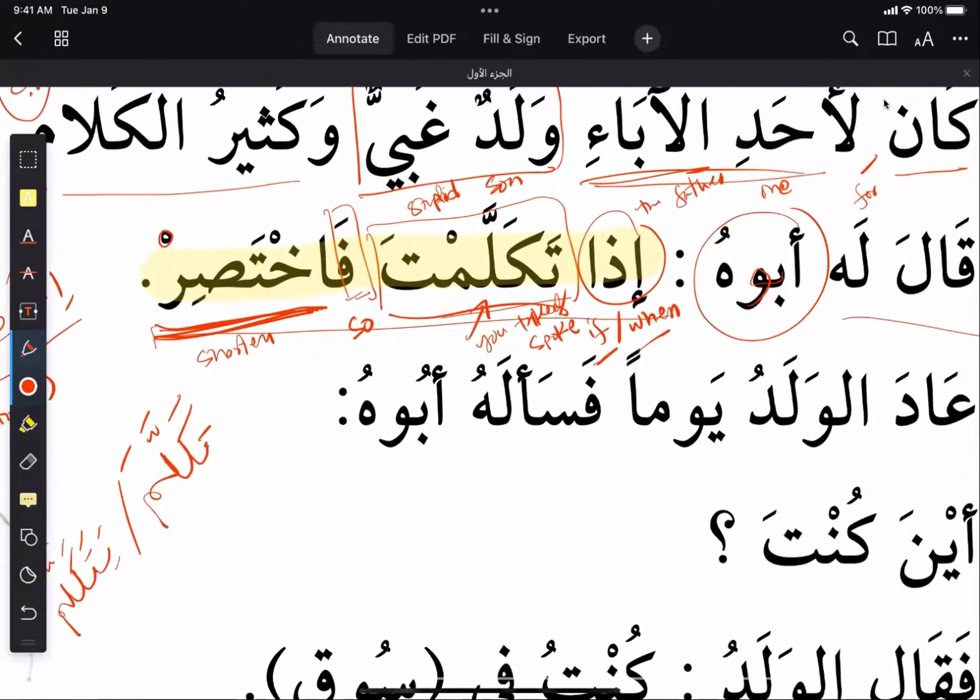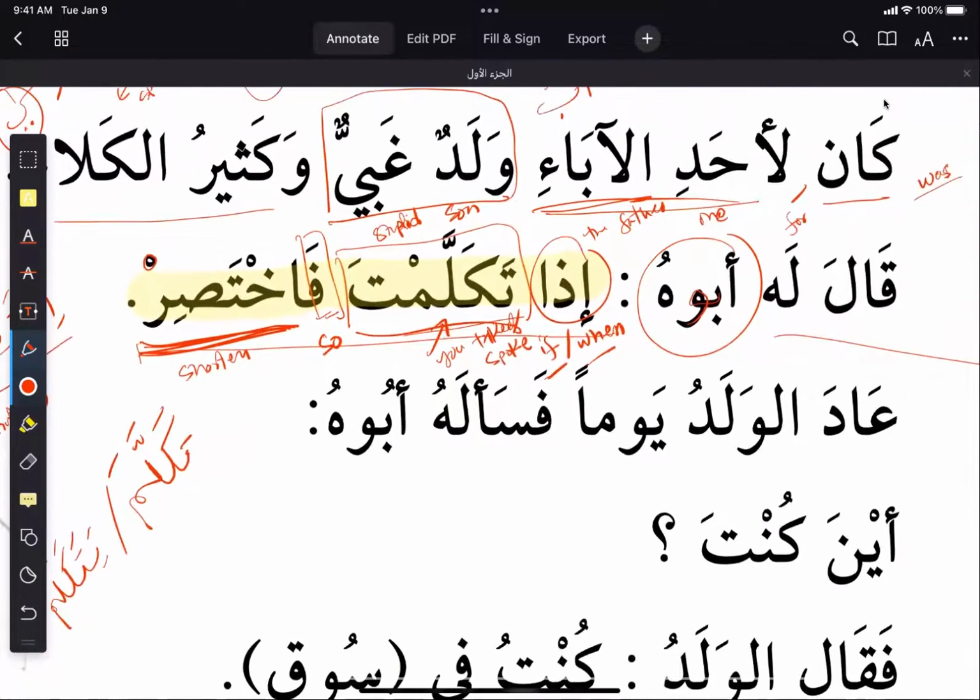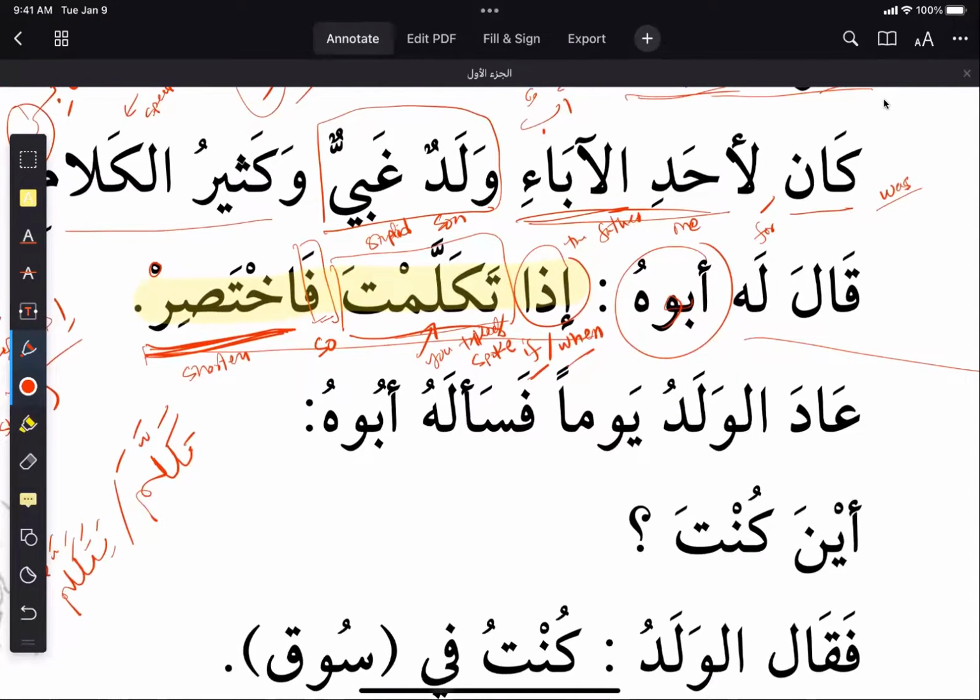As long as you know the meanings of each of these words, you can glue them together and translate. You would know exactly what the father is trying to say. So qala lahu abuhu, the father said to him, إِذَا تَكَلَّمْتَ فَاخْتَصِرْ, when you speak, shorten it.